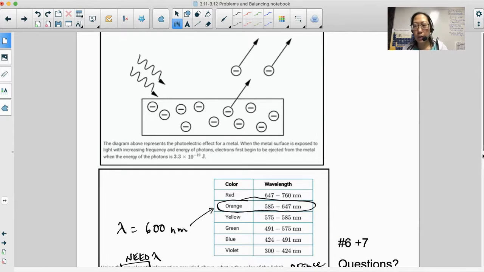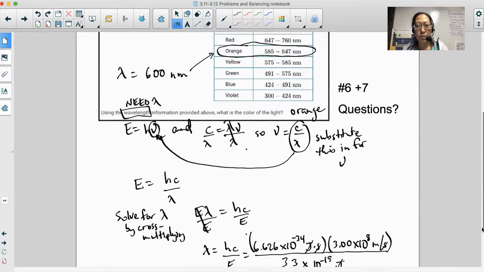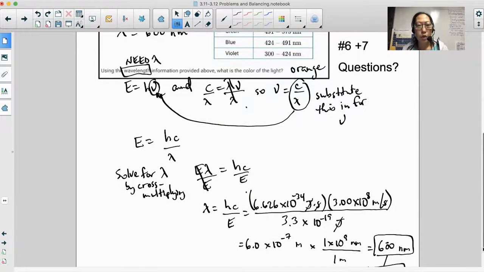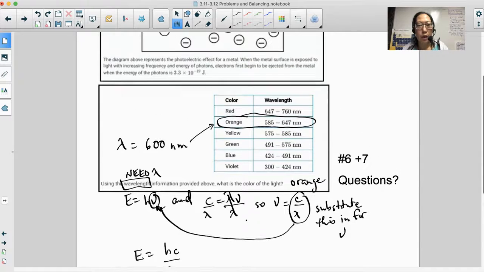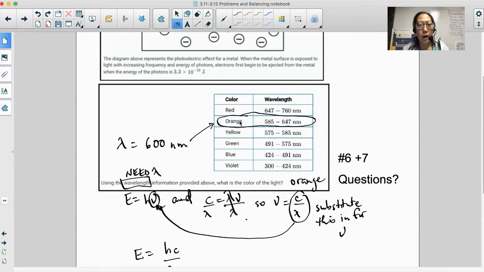Then finally, the last one is very similar. We are going to solve for the wavelength of this photon and figure out what color the light is based on the wavelength that we find.